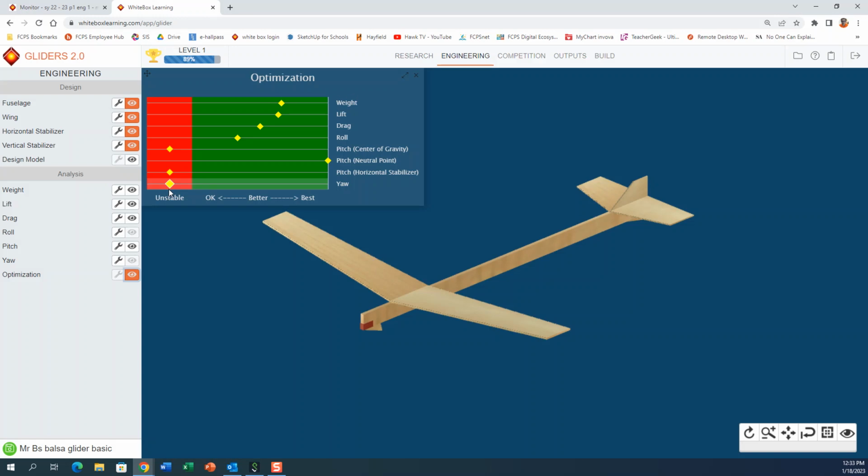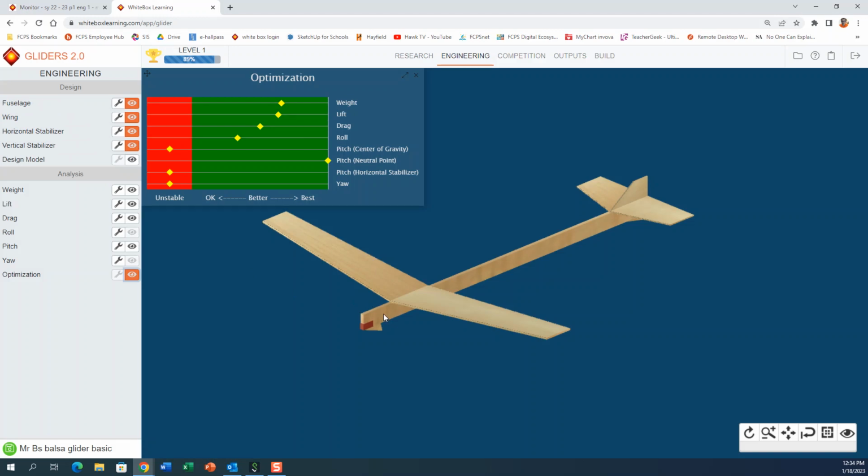So you can't get away with anything down in the unstable section. Everything works together, and as we go through, we're going to change one thing and it's going to affect something else a lot more than you might have thought. But that's okay. Whitebox has ordered this stuff nicely, so we can go top down to bottom. Our objective is to get all these indicators high up in the green section. So let's start with the fuselage.